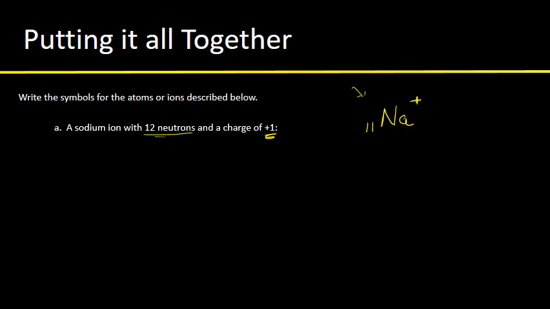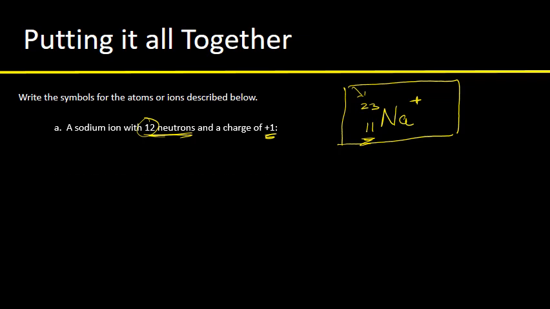And this one has 12 neutrons, right? But the number that we want to put up there is not 12, because remember that the mass number is the sum of the protons and the neutrons. And so this atomic number means that it has 11 protons, and if we add the 12 neutrons to that, that means the total number of particles in the nucleus is 23. So the mass number will be 23.